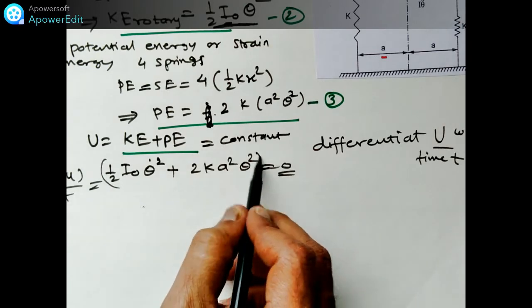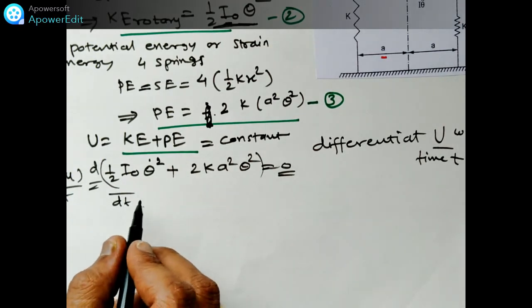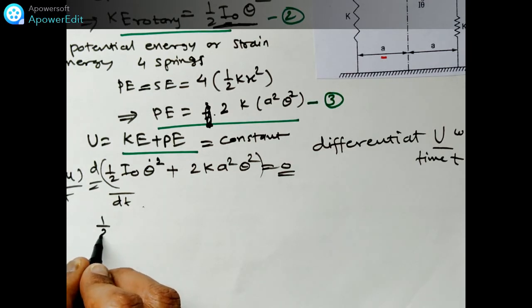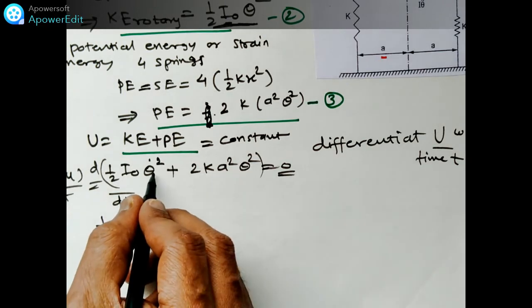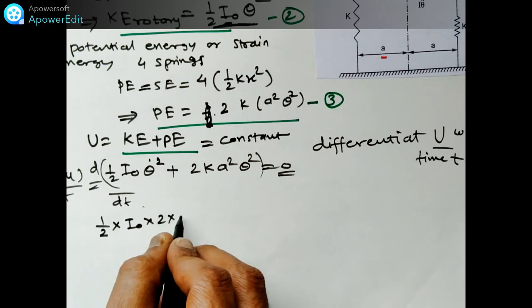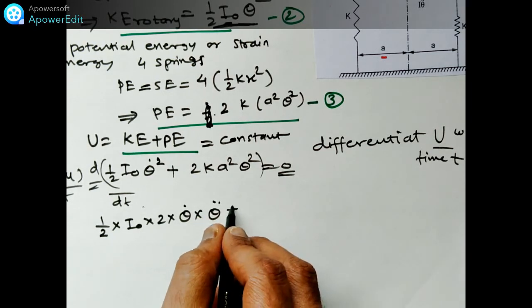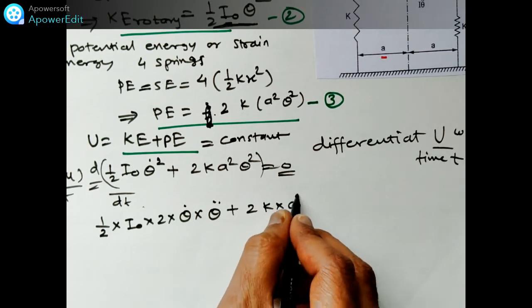So this term we have to differentiate with respect to t. In the next step, half into I0 as it is, theta dot square differentiates to 2 into theta dot theta double dot, plus 2 into k into a square.